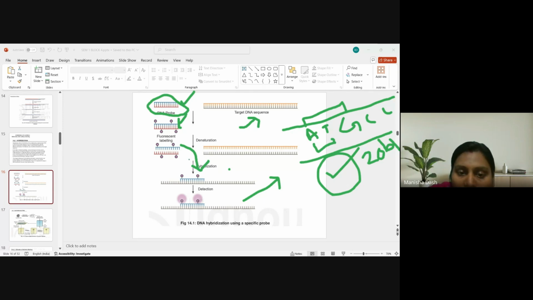You understood my point? Yes, ma'am. That is why most of the probes that are designed will be of a definite length. That length repetition in the genome is very rare, so it will not be binding to any non-specific location. Okay. So the binding becomes very, very specific.